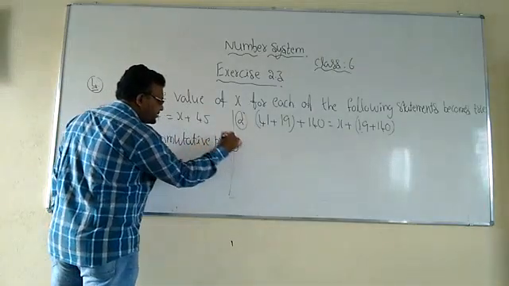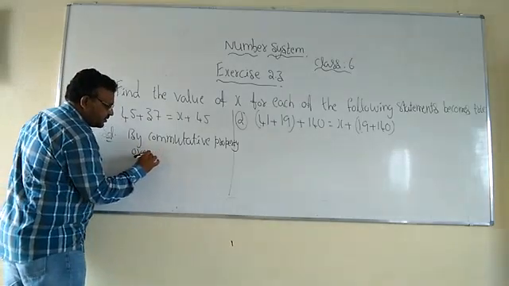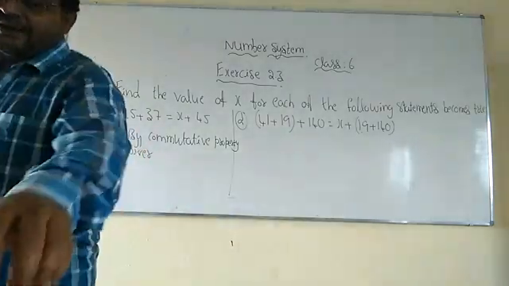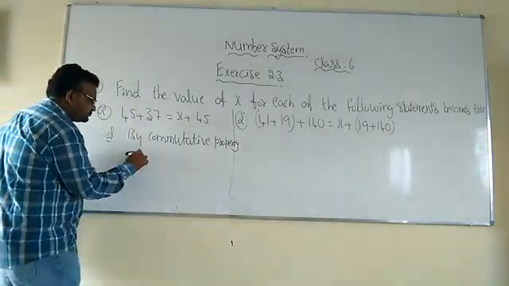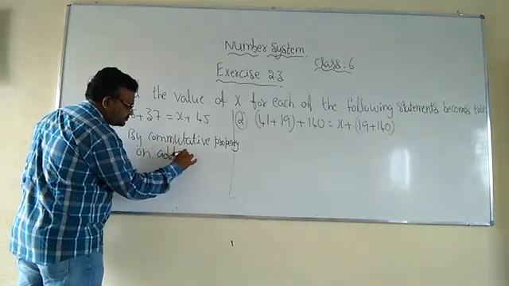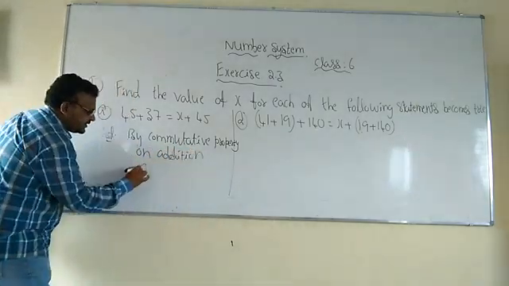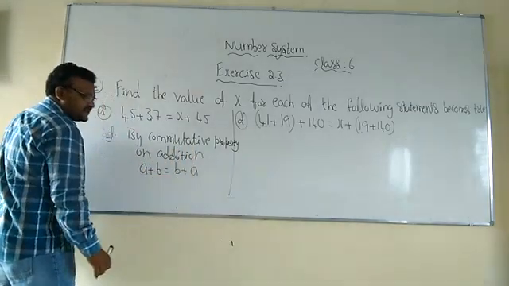By using the commutative property on addition over whole numbers, we can say a plus b is equal to b plus a.